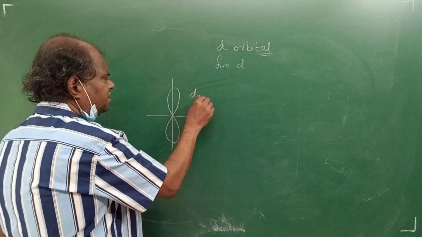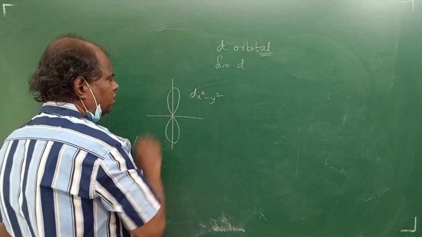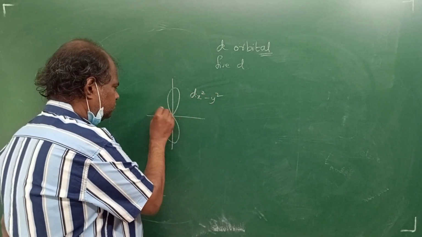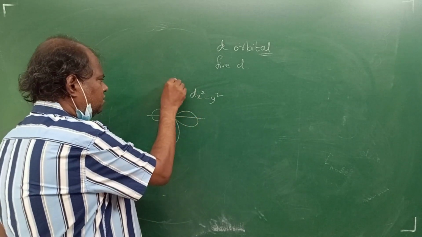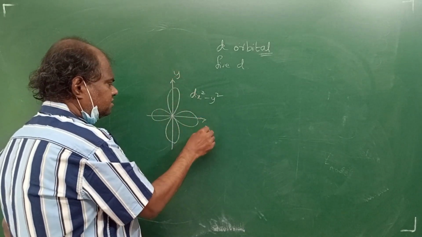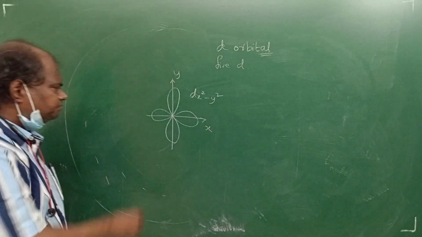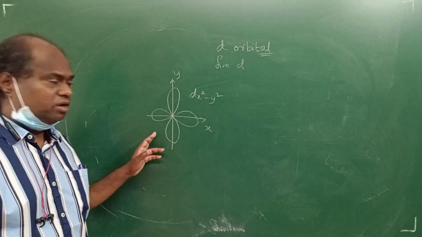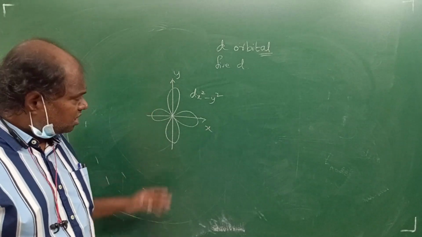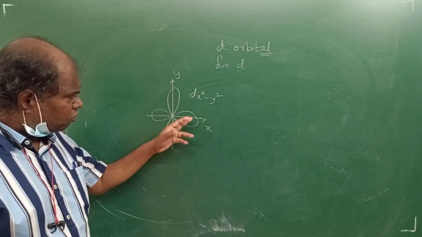This orbital is called dx square minus y square. This is your y axis, this is your x axis. What is the peculiarity of this? The 4 lobes are there, right?